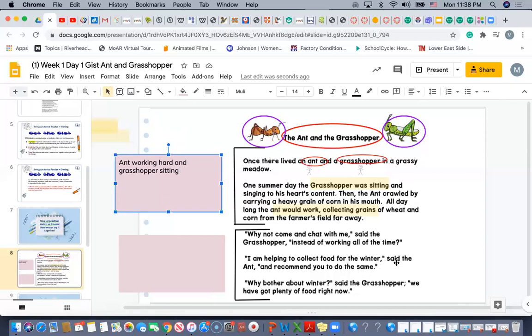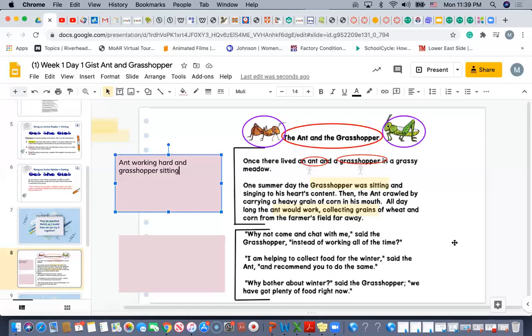Now I'm going to continue to read. "Why not come and chat with me," said the grasshopper, "instead of working all the time?" "I am helping to collect food for the winter," said the ant, "and recommend you to do the same." "Why bother about winter," said the grasshopper.